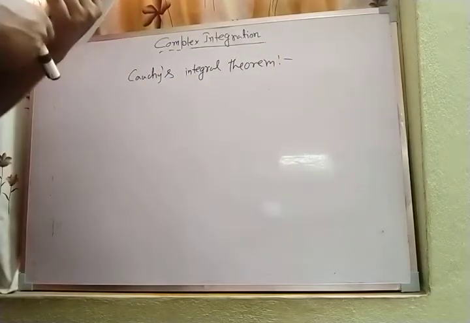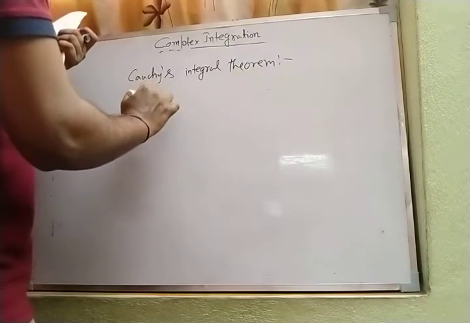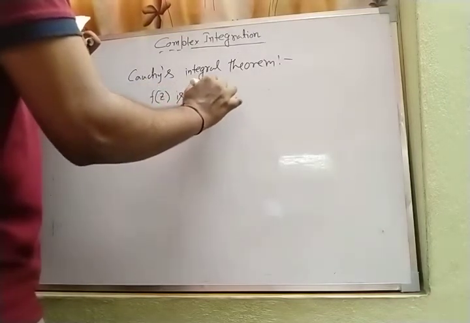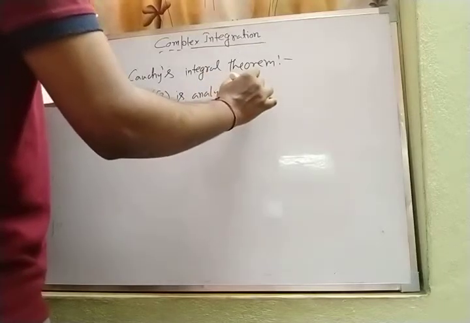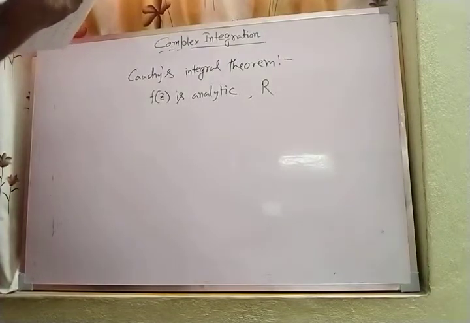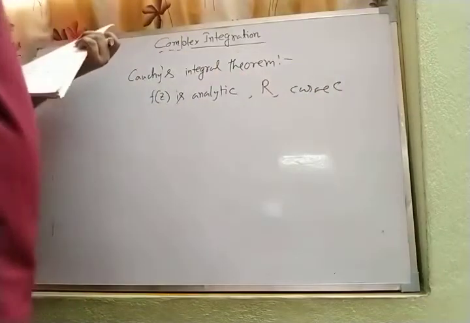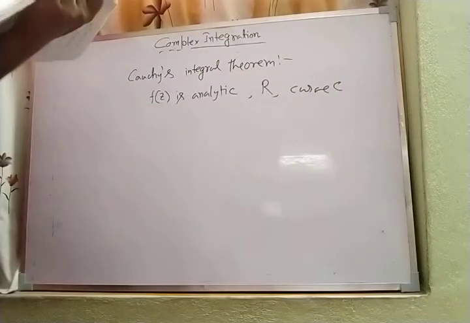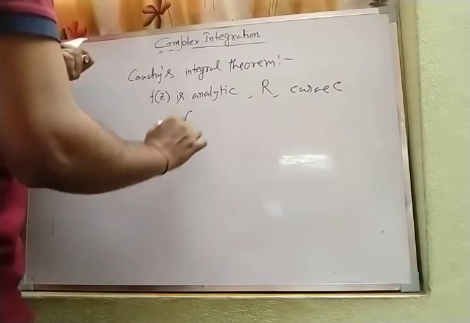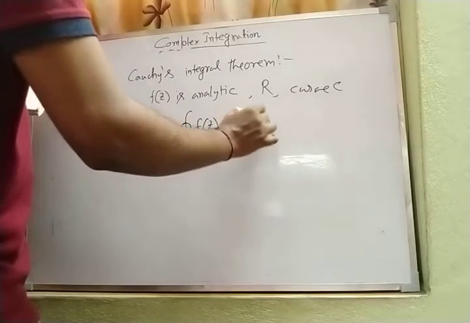I am telling: if a function f of z is analytic in a certain region R bounded by a curve C, then we always have the closed integration over C of f of z dz equals 0.